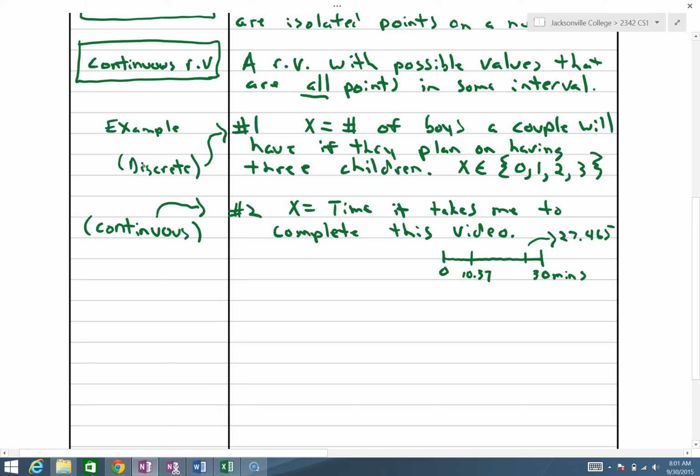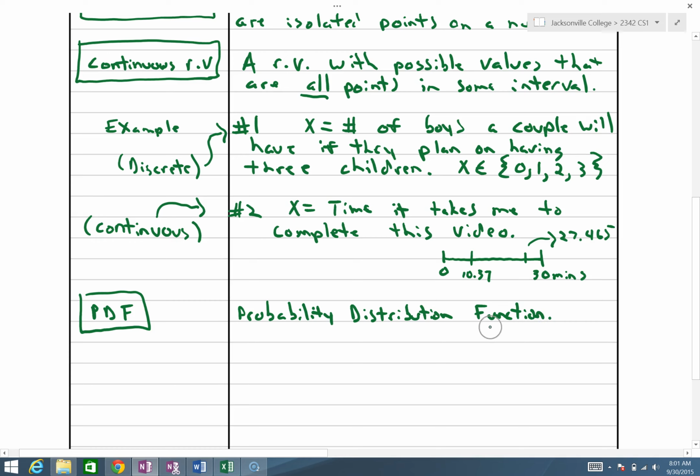Okay, PDF. PDF stands for probability distribution function. And function, just like in algebra, a function is just a pairing. It's how some x's get to some y's, how some inputs get to some outputs.